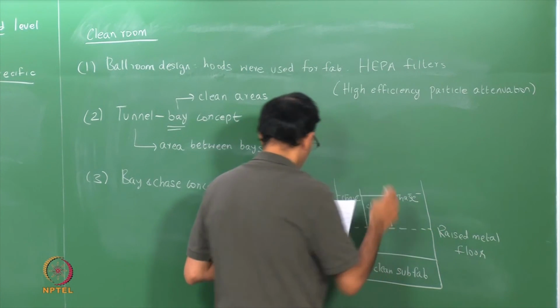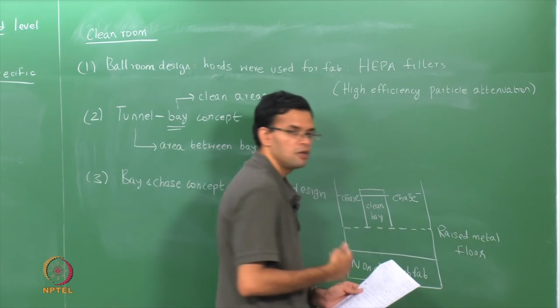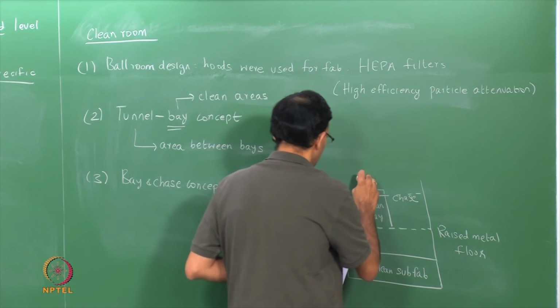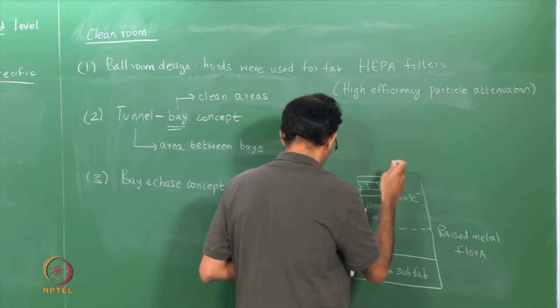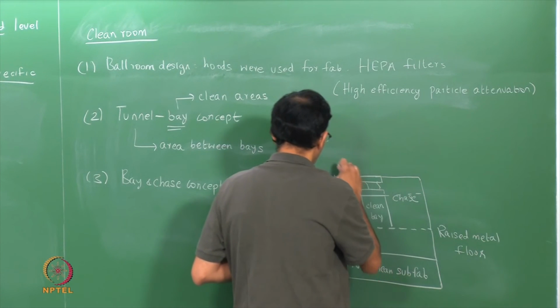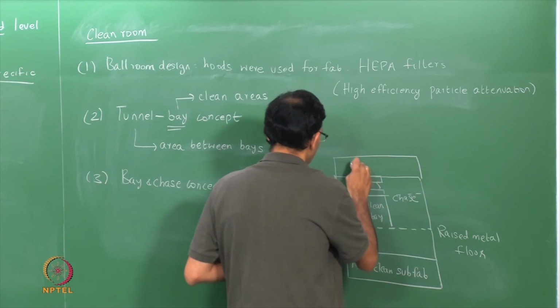Right above the clean bay, you have a provision for flowing air through the fab. And then there is a recirculator for cleaning the air.